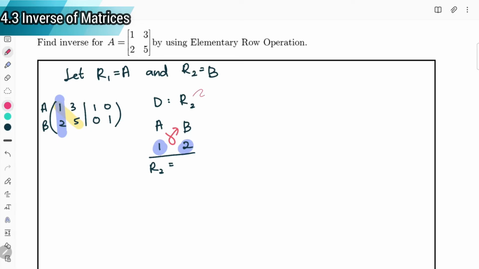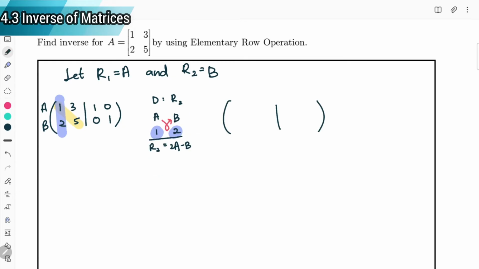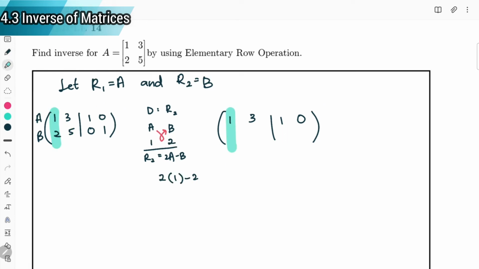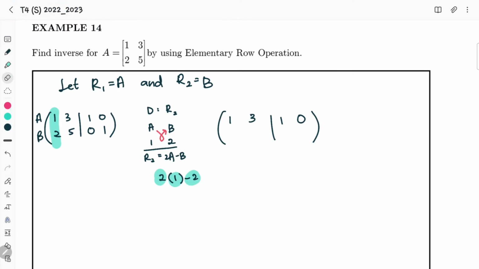So we're going to change row 2 using this formula: A times 2 minus 1 times B. The first row will remain, so 1, 3, 1, 0. For the second row, that will be 2A minus B. So we have 2A. Okay, A is 1, and then minus B. B is 2. Focus on this column.